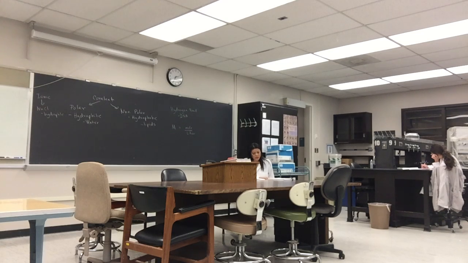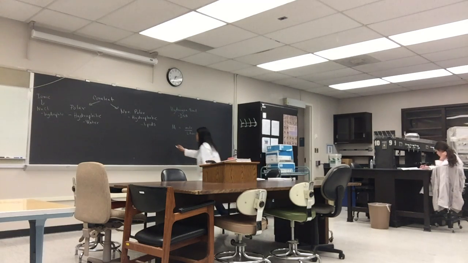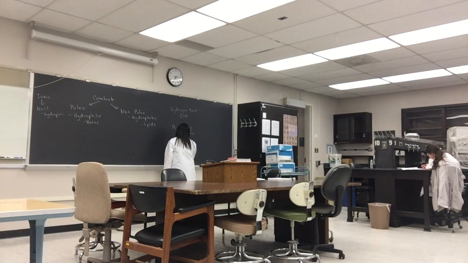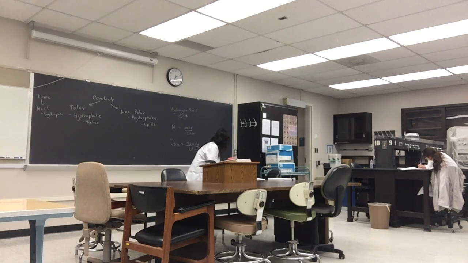The abbreviation for osmolarity is capital O, lowercase sm, and the unit is osmol. So osmol represents the total solute particles over a liter, over a volume. This one here is just the amount of the solute, but this one is telling you the total solute particles, whether dissociated or non-dissociated.